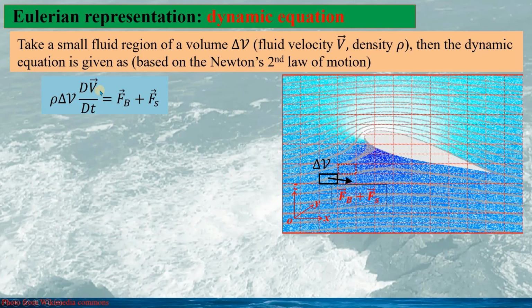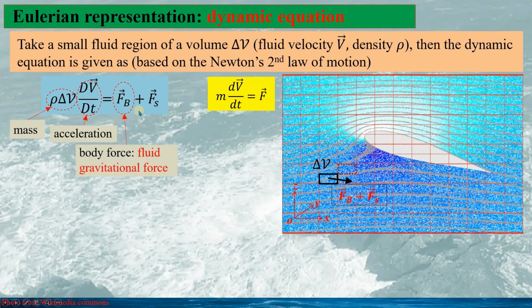Thus, the dynamic equation would be given as this, based on Newton's second law of motion. So we can see rho delta V would be the mass of the fluid in the small region, and the substantial derivative of vector V with regard to t would be the acceleration of the fluid in the region.